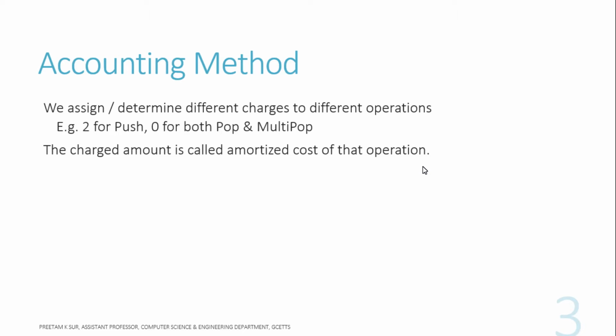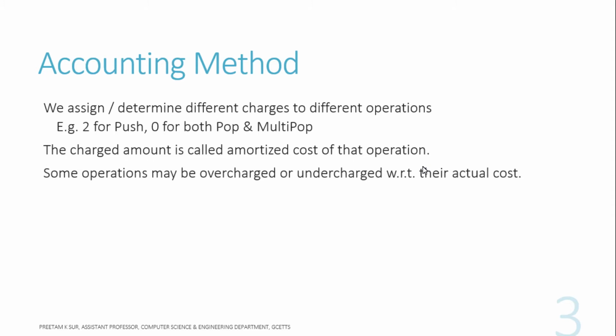So we assign some charges to each of the operations of the data structure, and these charges are nothing but the amortized cost of that operation. In this process of assigning charges, you will find that some operations are overcharged, or undercharged, with respect to their actual cost.